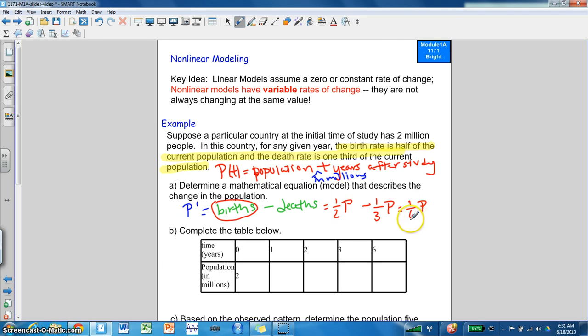Okay, so that's our change in population.